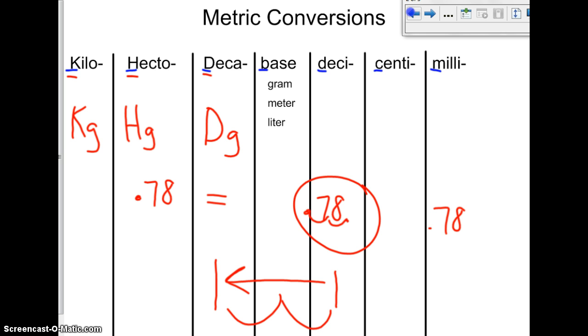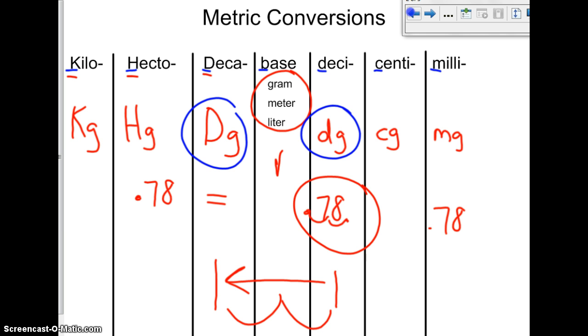And our base column, they remain just as you see them right there. Decigrams, centigrams, and milligrams. Now if we had them all uppercase or all lowercase, those two would be hard to differentiate. So we make them different using the capital letters or lowercase letters.